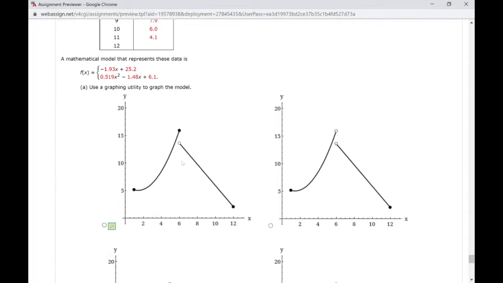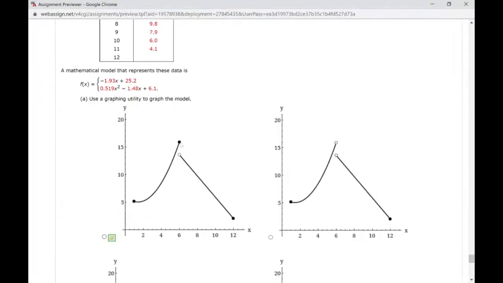Now, if you plug in 6, okay, let me ask you this. This piece is probably a what type of function right here? Quadratic function. Yep, quadratic. So would it correspond to the first piece of the function or the second piece of the function? The second piece. So it's kind of backwards how it's on the graph, okay?